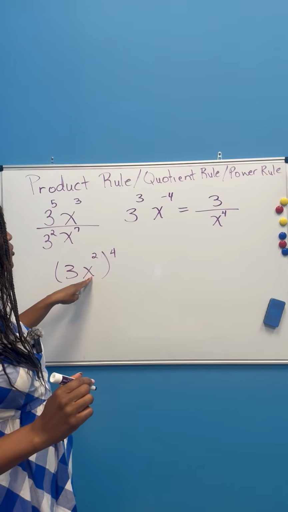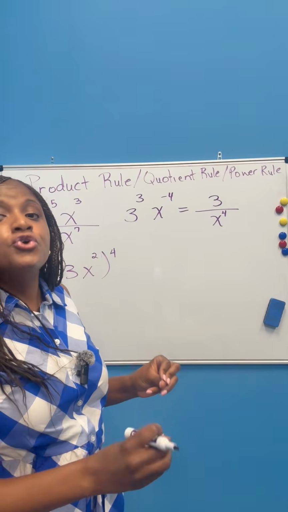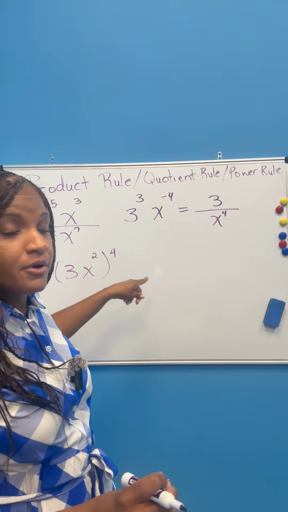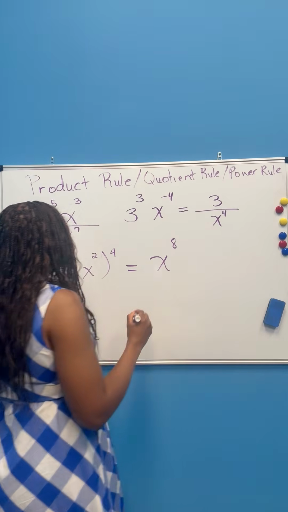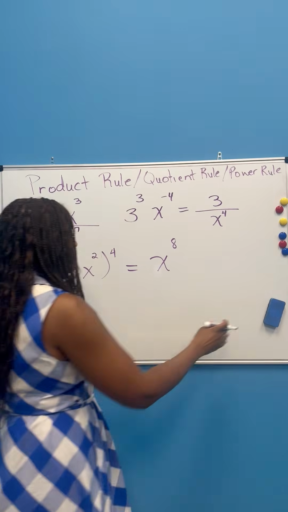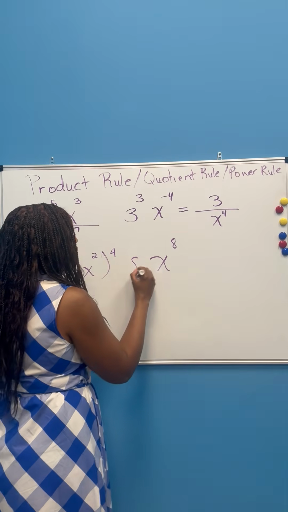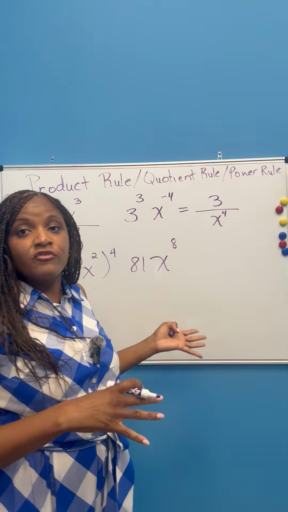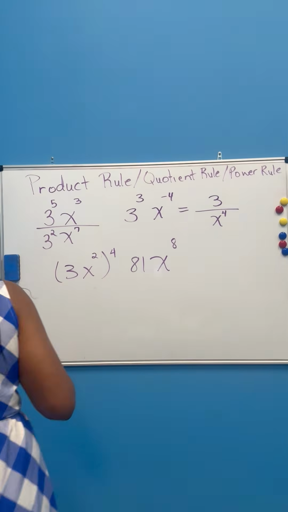So the power rule means that if you have a power raised to a power, you multiply them. So we have x squared raised to the fourth power. We're going to multiply it, and it's going to be x to the eighth power. Now here, 3 to the fourth power, you would just do 3 to the fourth power, which is 81. So you do actually distribute that outside power to everything on the inside.